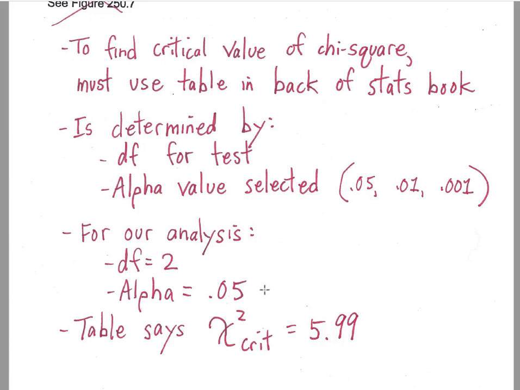We're using the table where alpha was set at 0.05. That table would tell us critical value of chi-square is 5.99. And again, for any questions that come up in my class, I'll always tell you what the critical value is. For our current analysis, remember that critical value is going to be 5.99.